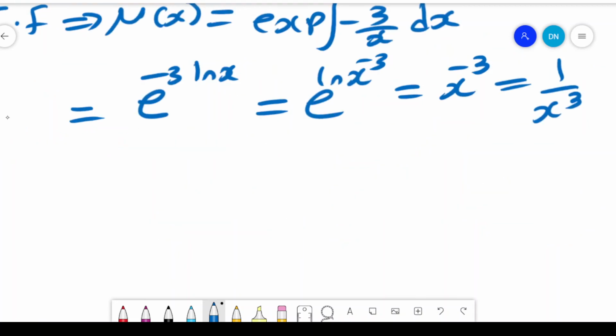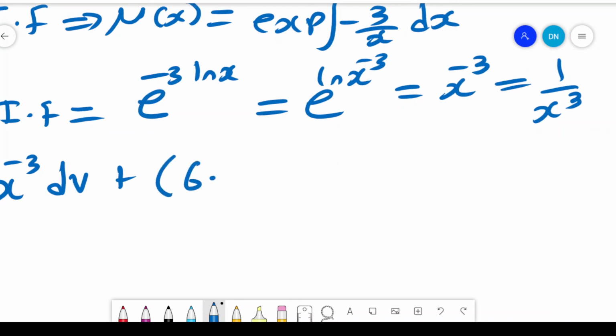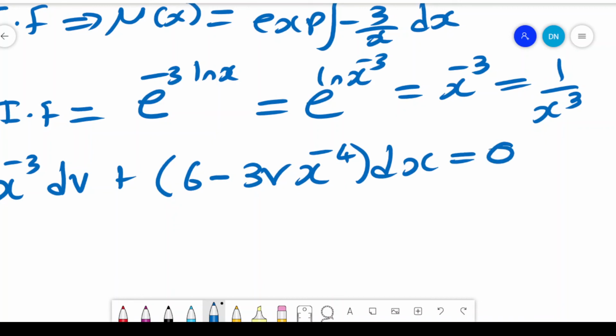So now I have my integrating factor. I multiply it into my equation: x^(-3) dv + (6 - 3v x^(-4)) dx = 0.